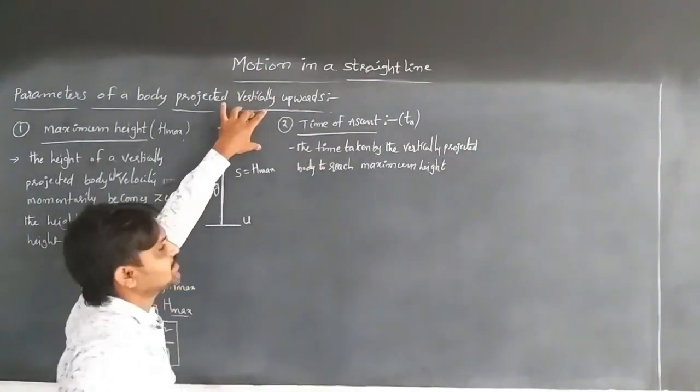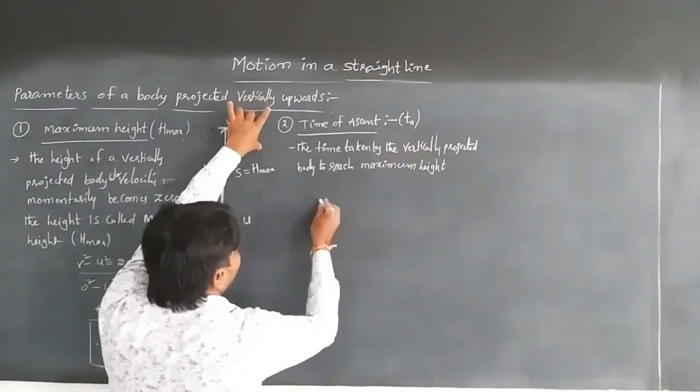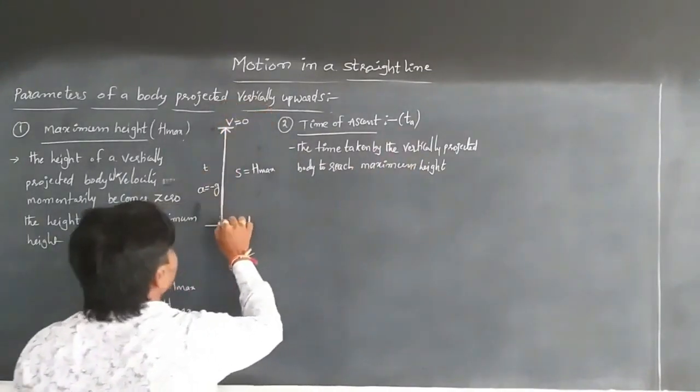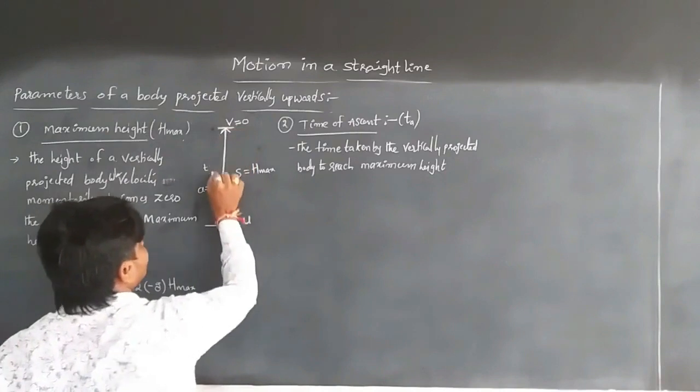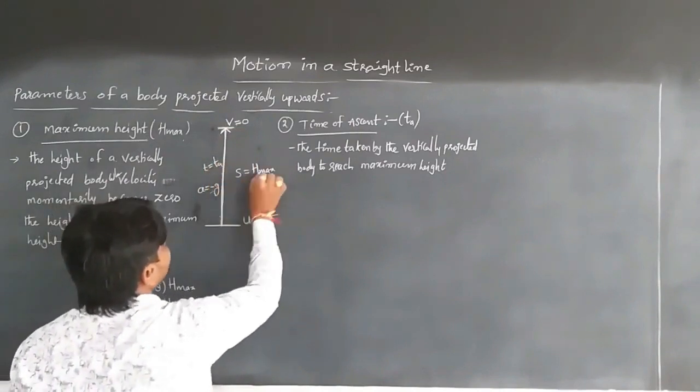Time of ascent is denoted with TA. From the diagram, we can take t is equal to TA, and the same values can be applied.